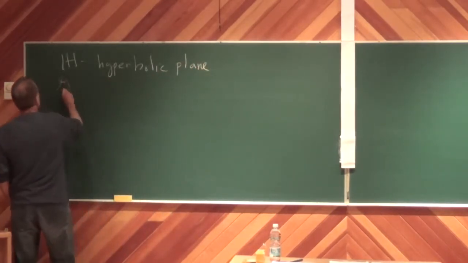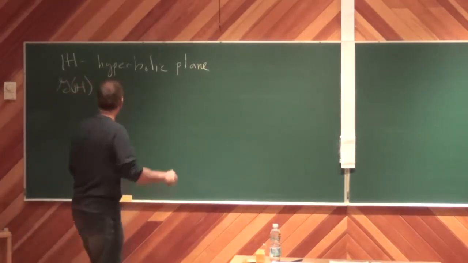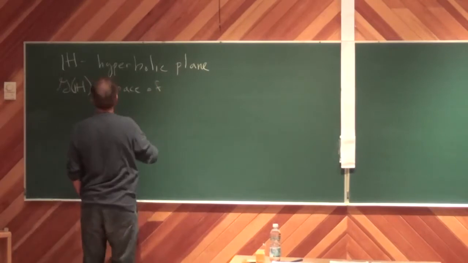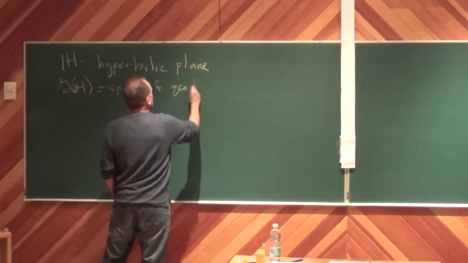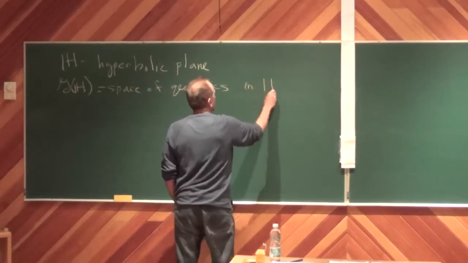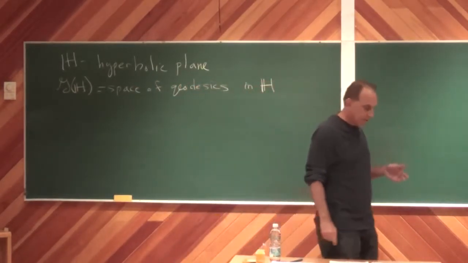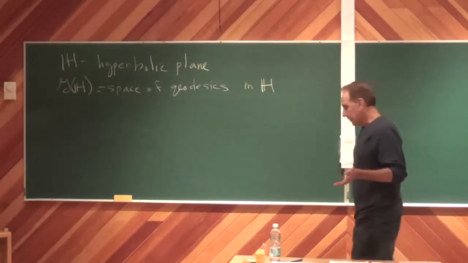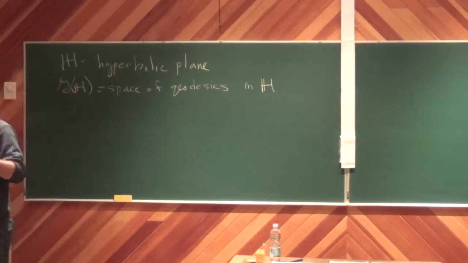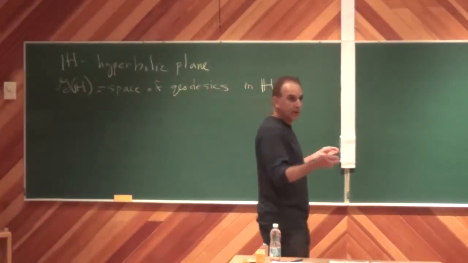And G of H is the space of geodesics in H. So what do I mean by it? Well, a geodesic, these are unoriented. So a geodesic is determined by its endpoints on the boundary.